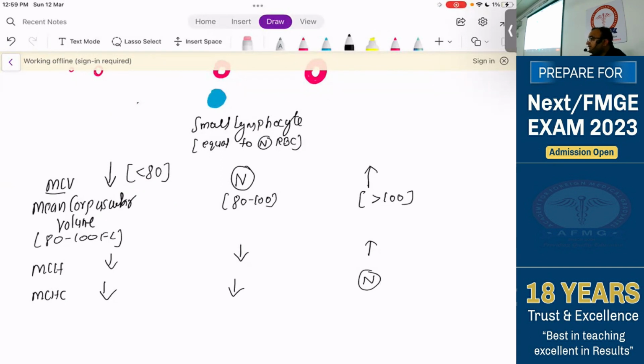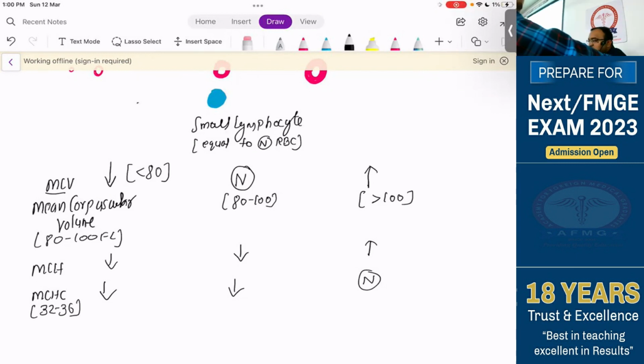Remember, MCHC values will follow the MCV, but MCHC cannot exceed its maximum range. If the range is 32 to 36, it will not rise above 36. This is important. It will be normal or it will be low. It will not be high above its normal range.